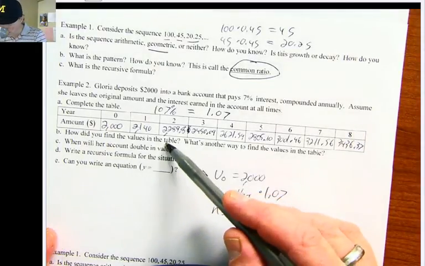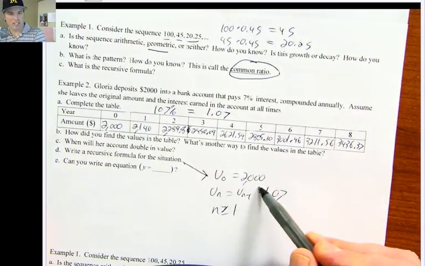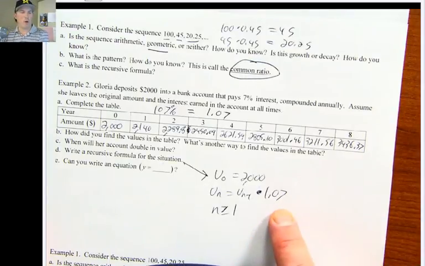So that's part B. Part D, the recursive formula, well, like I mentioned, we're starting with 2000, and to get from number to number to number, we're multiplying by 1.07.